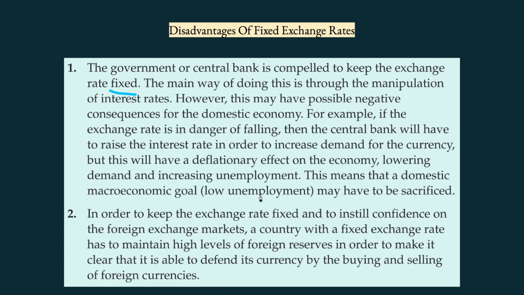So this is actually an interesting point right here. It's basically saying that although all countries always want to have a high level of foreign reserves in place in case they ever need to sell or buy their own currency using the foreign reserves, a country with a fixed exchange rate specifically always needs to make sure it has high levels of foreign reserves, as the main way for these economies to be able to defend, as quoted in the textbook, or make sure that the fixed exchange rate of their currency stays the same, is through this buying and selling of foreign currencies.